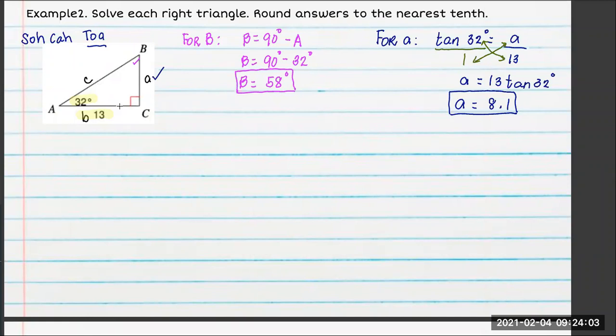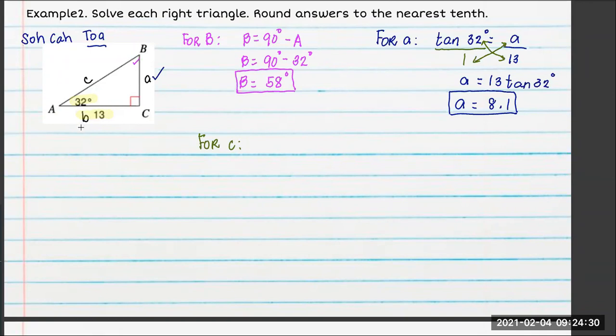Although you can use the Pythagorean theorem here now because you know two sides, if A is incorrect, your C would be incorrect as well. So let us use what's given. For side C, C is the hypotenuse of the triangle, right?